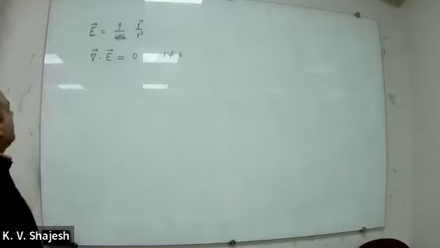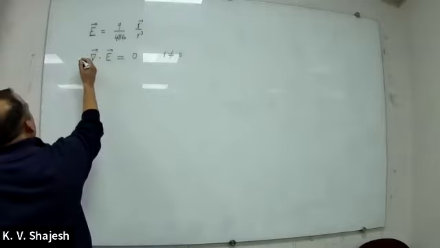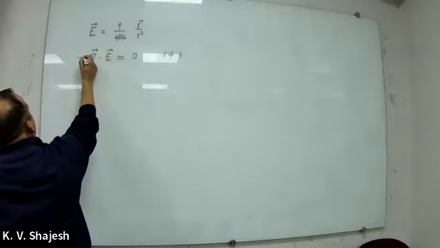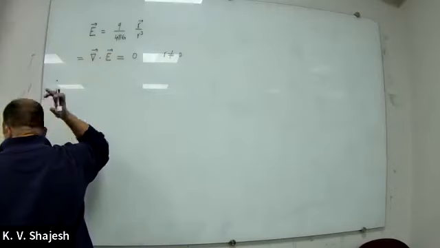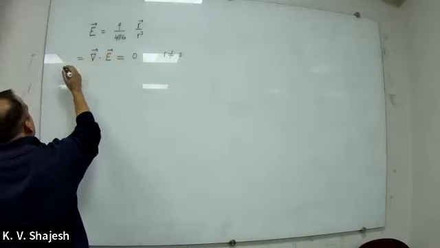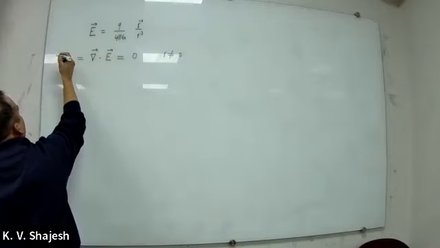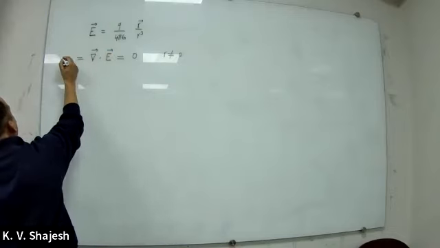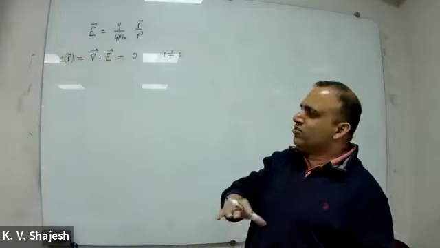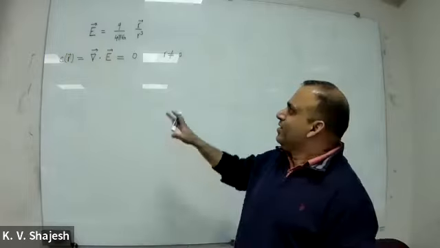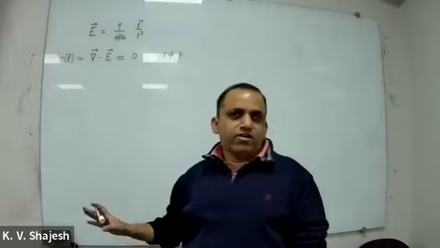Now that's a quantity. The divergence of the electric field is charge density, right? So rho. Let me not call it anything. So that's some scalar field which is 0 everywhere for sure, and at r equal to 0, I don't know.